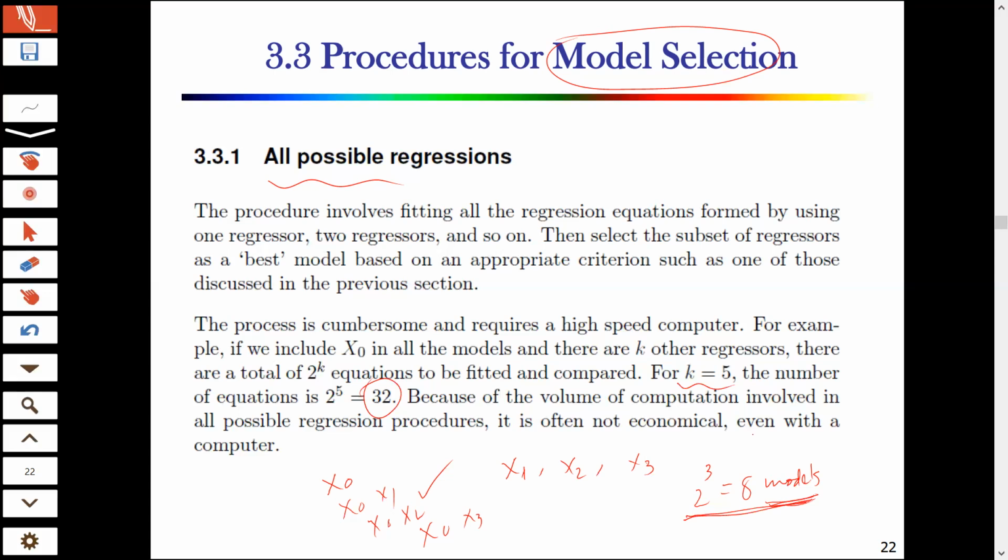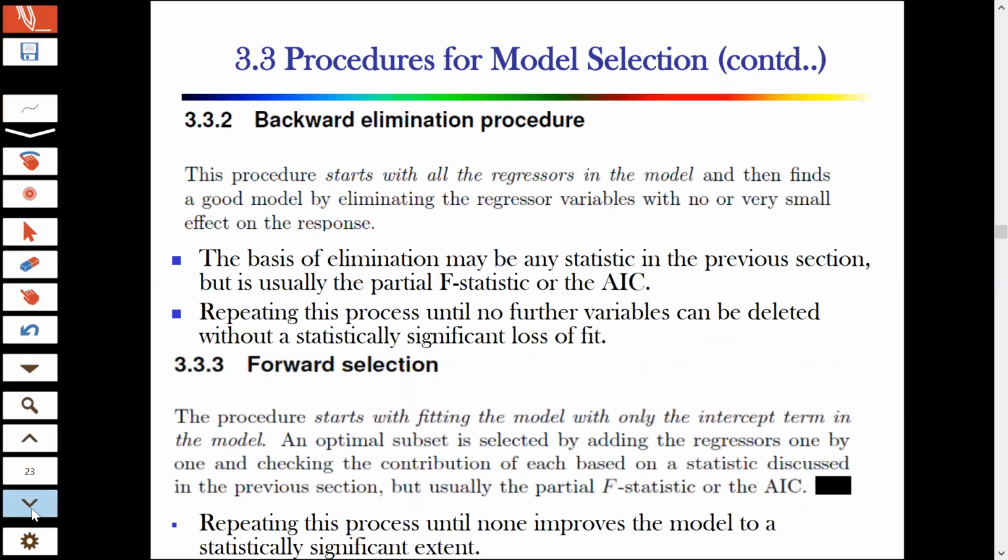So this is one option, but the next option is called the backward elimination procedure. This procedure starts with all regressors in the model and then finds a good model by eliminating the regressor variables with no or very small effect on the response. So that means we include all variables X0, X1, X2, X3, and then delete one by one any variable that has basically no effect on the response variable.